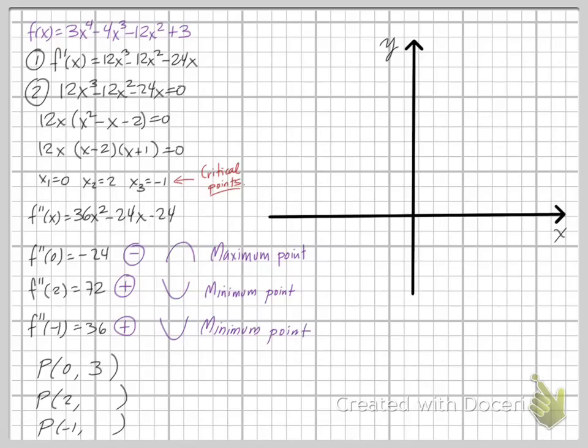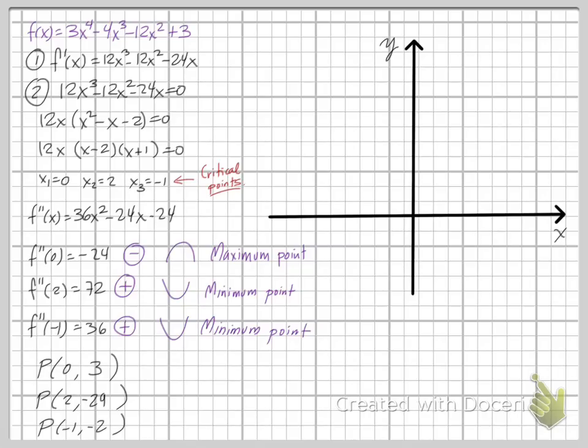Now let's go with when x equals 2. If I evaluate my function when x equals 2, I'm going to get negative 29. Now what happens when x equals negative 1? When x equals minus 1, if I evaluate my function, I'm going to get minus 2.